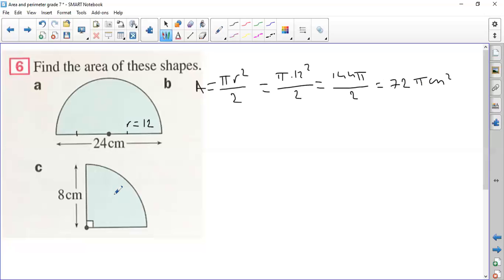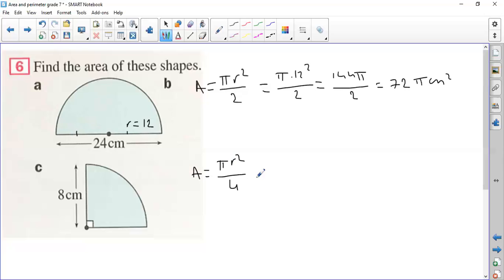At figure C, we have what? We have a quarter of the circle. A quarter of the circle is given, and the radius of this quarter is 8, which means I have divided the area of the circle into 4 equal parts. So the area of this figure will be pi r squared over 4.